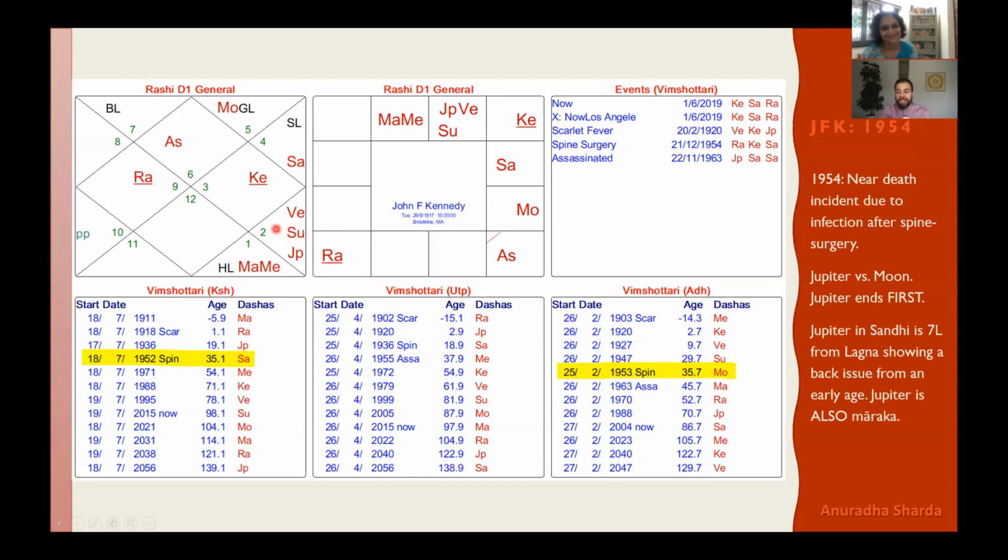So this is a little bit of research that I'm presenting here, and I hope people will take it forward. This is my observation. We can also see that when we line up the dashas like this, it helps us identify the exact problem. What is the peculiarity of this method? I'm using 3 dashas at the same time, not one.